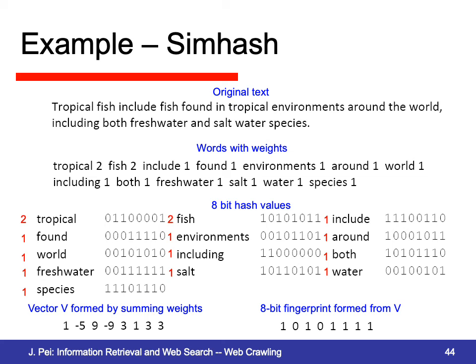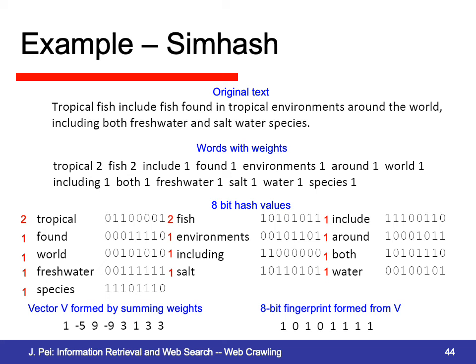Then we sum up those hash values bit by bit. For any value that is 0 in this bit, we take the negative weight. For example, this is minus 2, and this 0, minus 1, and so minus 3, and this is 0, minus 1, so minus 4 in total.